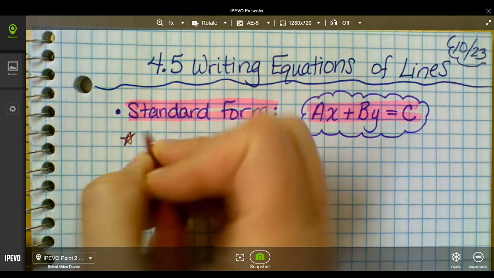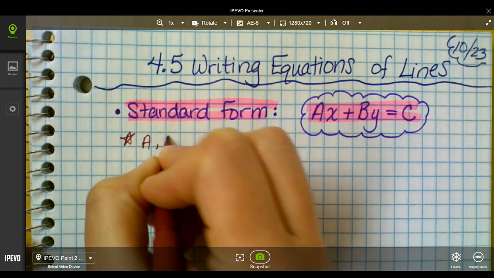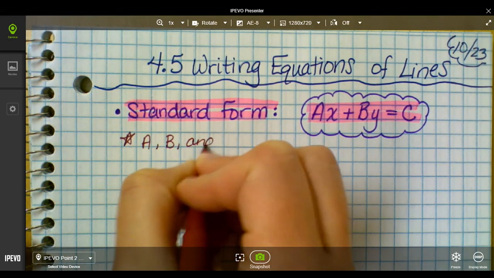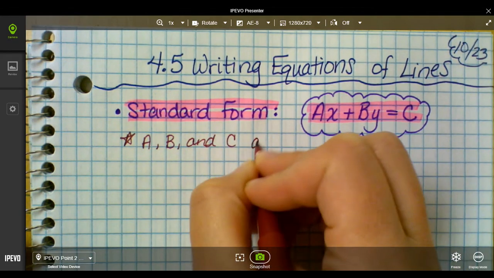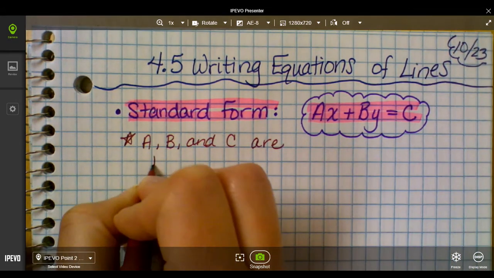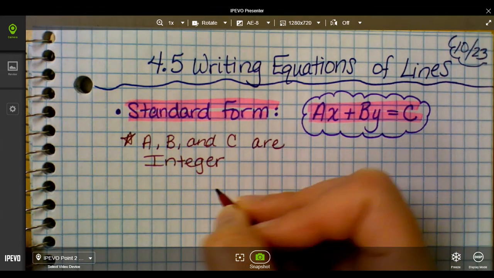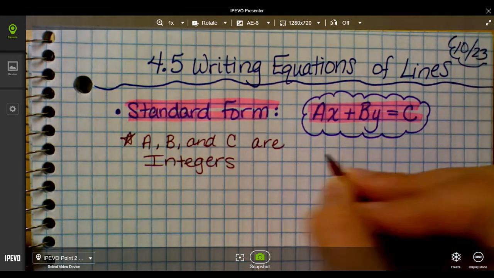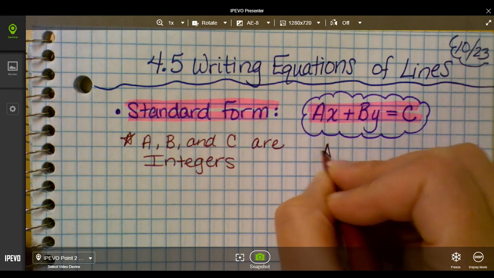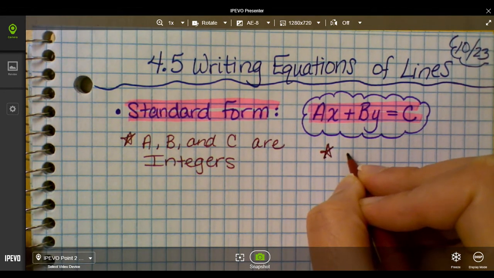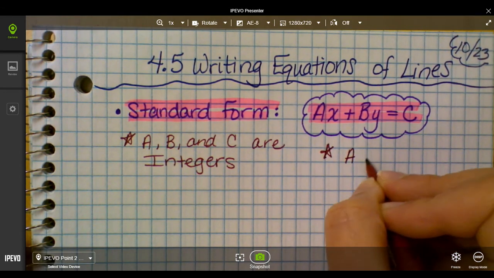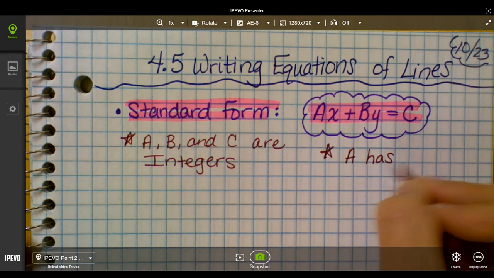But I just want you guys to know that A, B, and C are integers. And remember, integers are any positive or negative whole number. But the other thing that you have to be really careful about is A has to be positive.